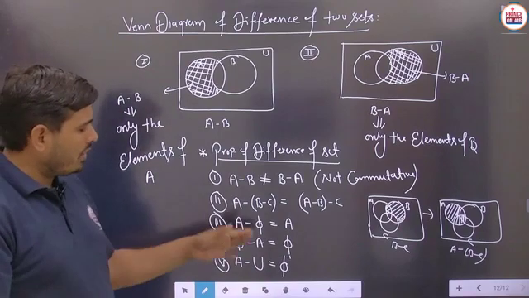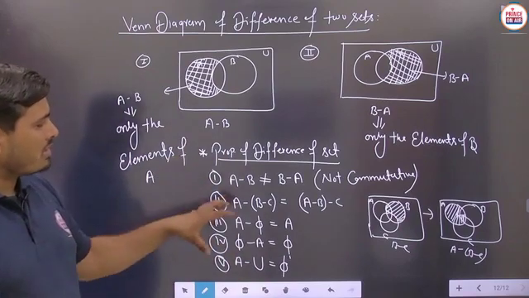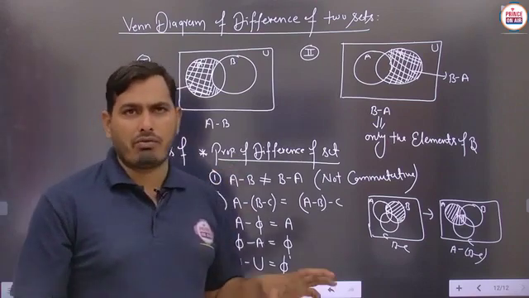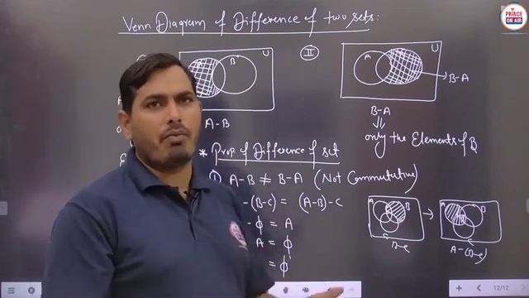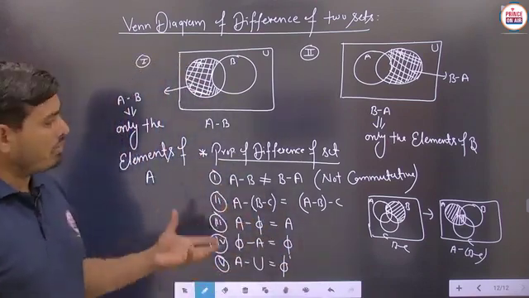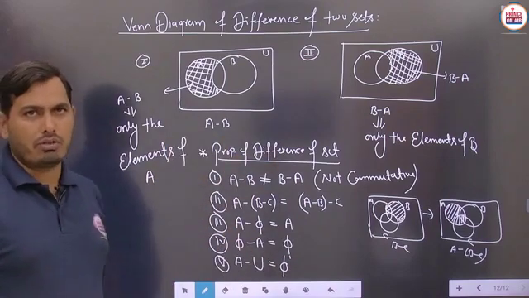So basically, students, here we have to apply the basic difference operations between sets, and we have to see this with the help of Venn diagrams also. Is it clear?